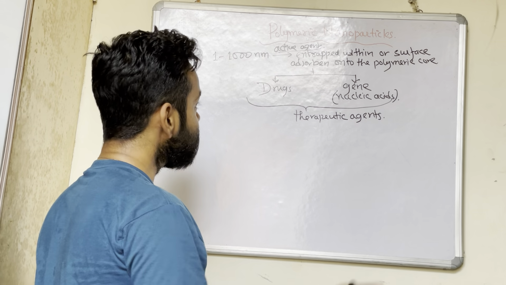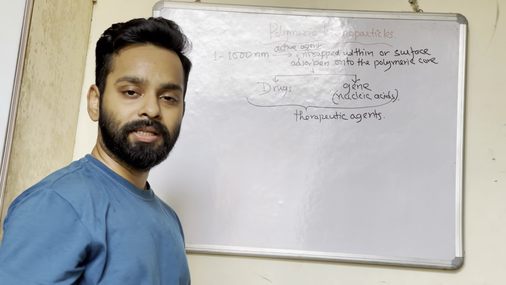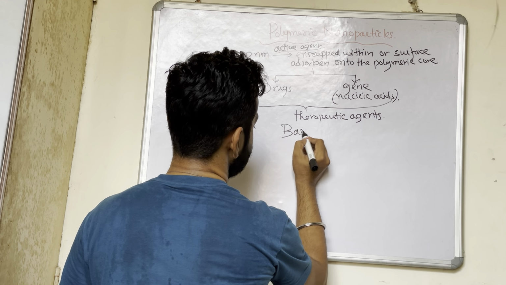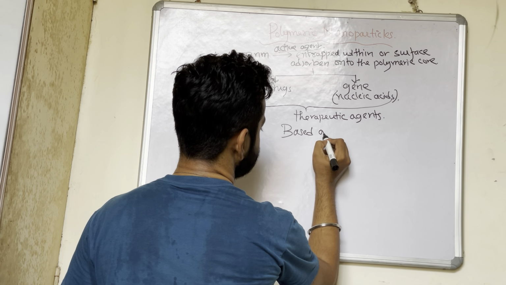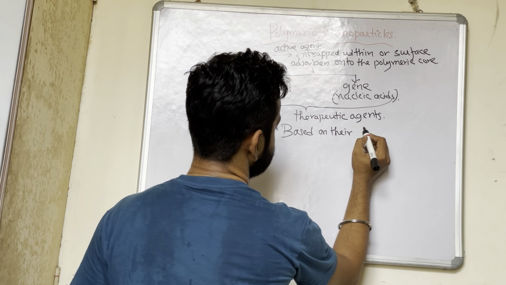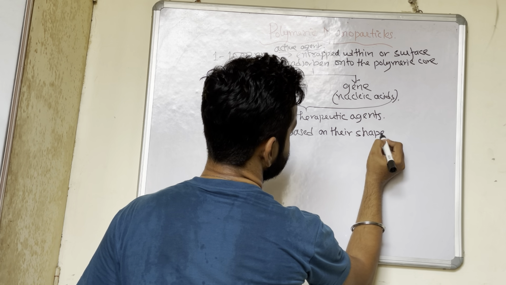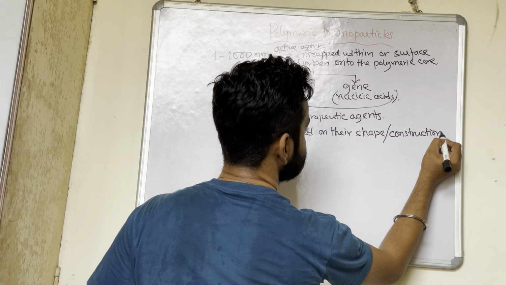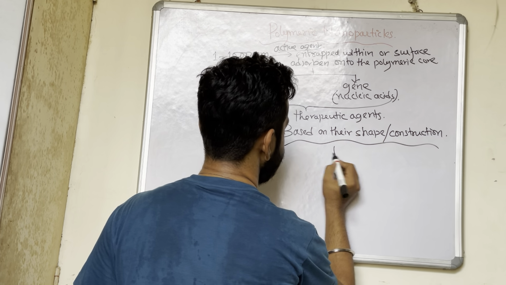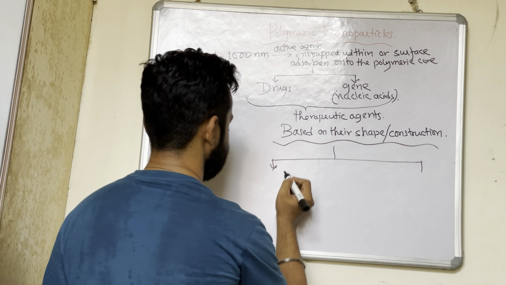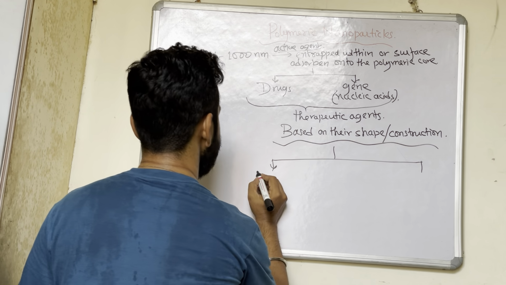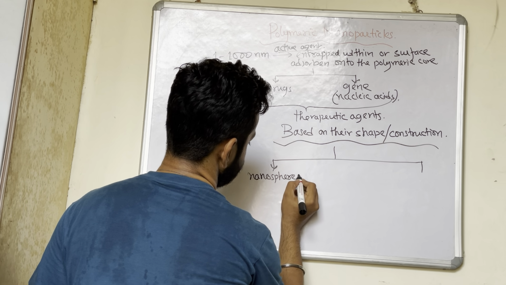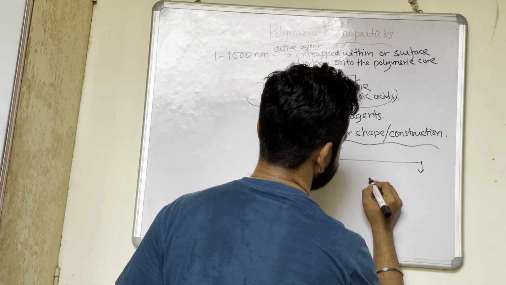So, these polymeric nanoparticles, based on their shape or construction, can be classified mainly into two types: nanospheres or nanocapsules.